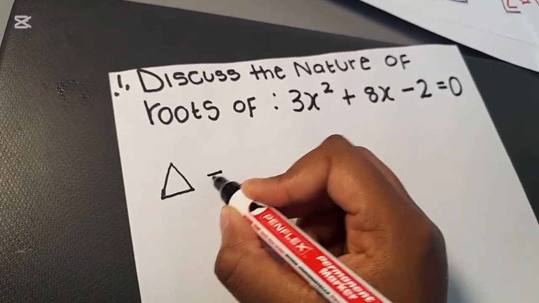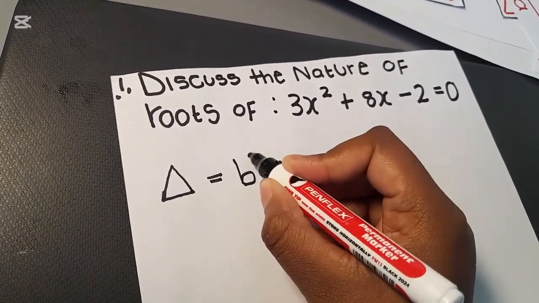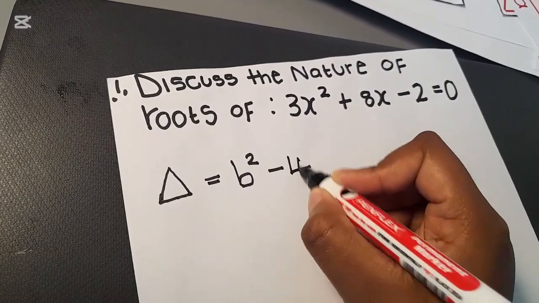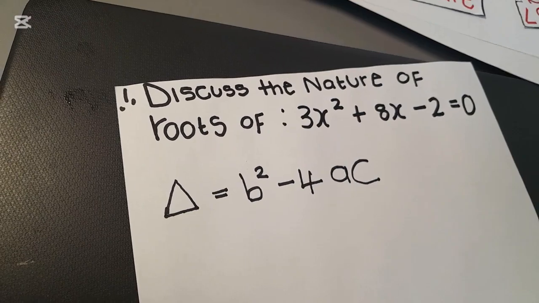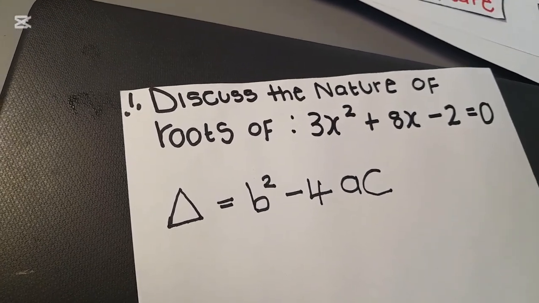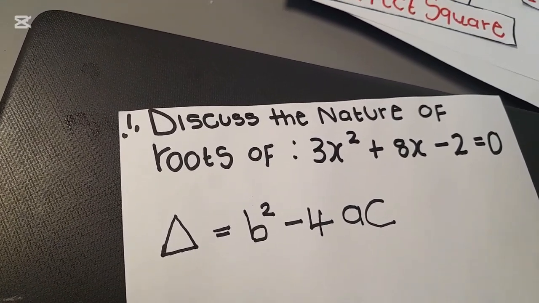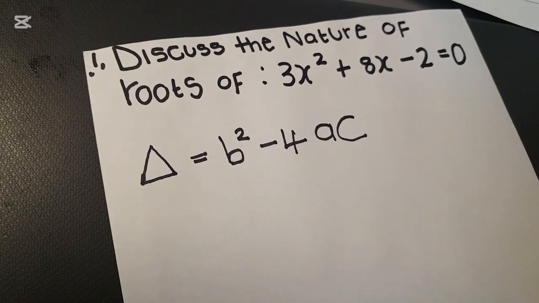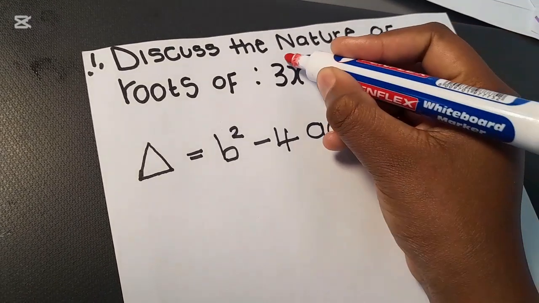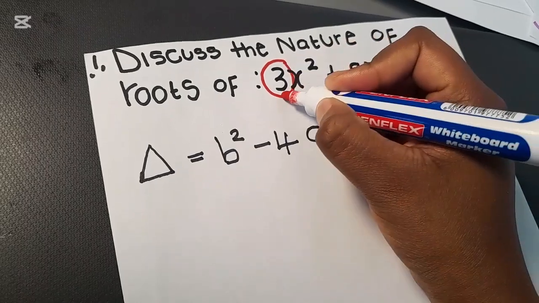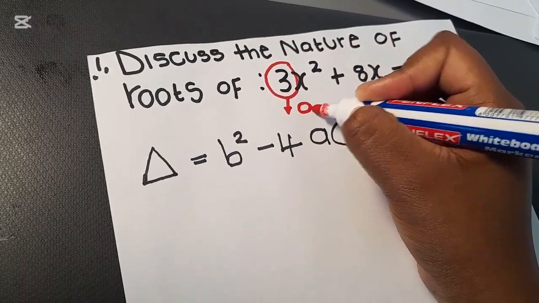The discriminant is equal to b squared minus 4ac. Before we get to this, let's take out the important data from our equation. We know that there's 3 here, it's our a.